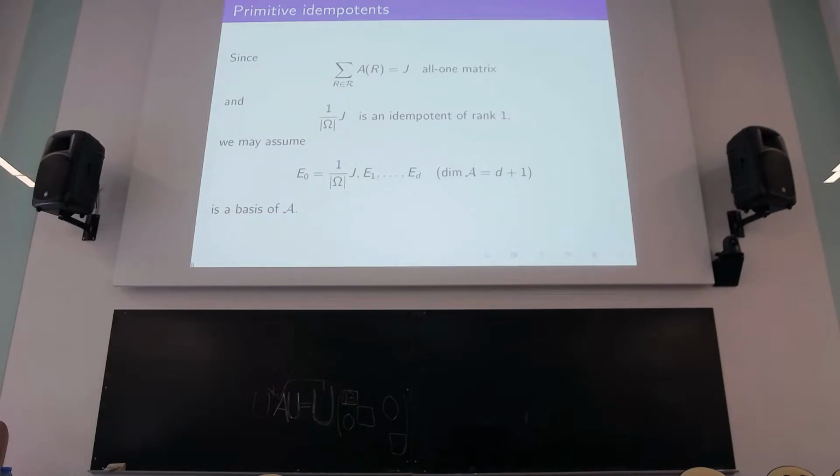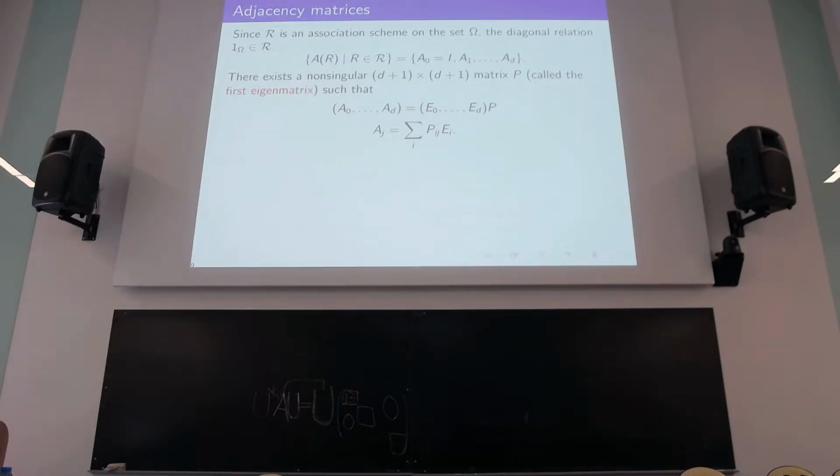So these two numbers are essentially the same, they differ by 1. So primitive idempotents are a basis, but one of the basis elements is this normalized J matrix.